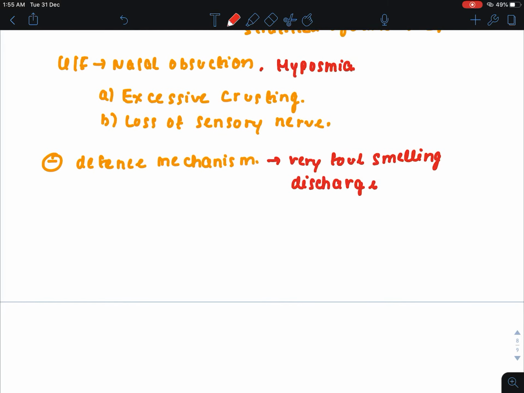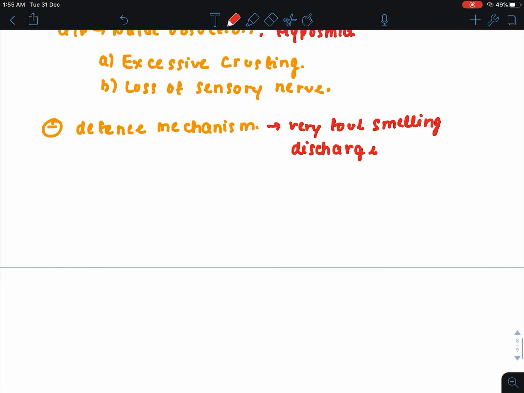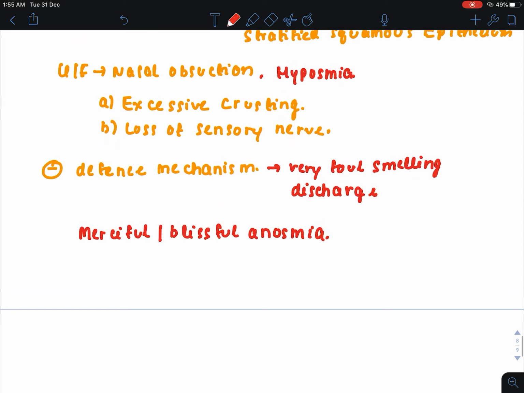Since there is an absence of defense mechanism, the patient has very foul smelling discharge, but the patient has hyposmia, meaning he cannot smell his own foul smell, and that is known as merciful or blissful anosmia. Hyposmia has occurred, or it can be anosmia also.